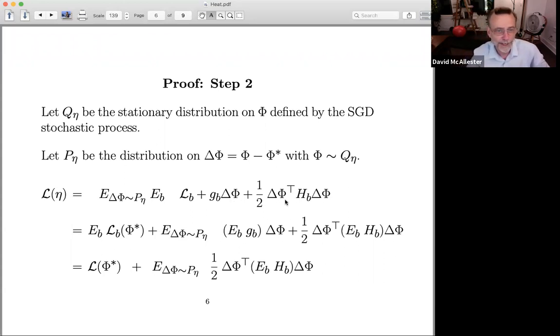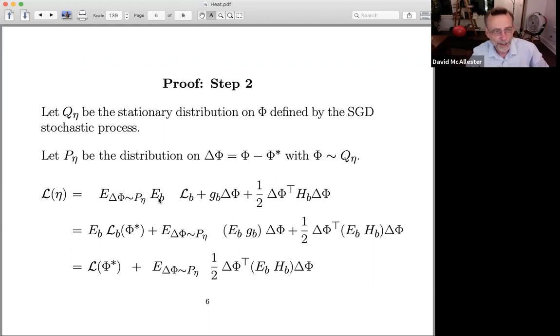These two terms depend on delta phi. This is the first term. I'm going to push the expectation over b into these terms. When I do that, I get the average gradient times delta phi. Now the average gradient is 0. So this term goes away, right? In the next line, that term's gone.